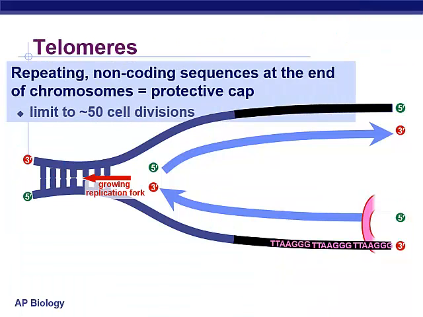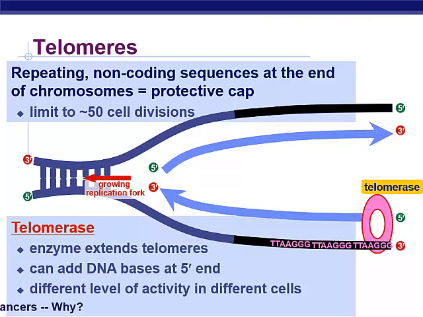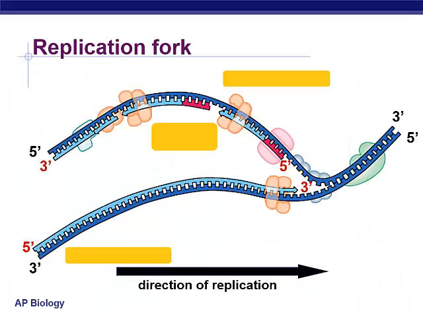Okay. And I believe we just went over this. So here's the whole recap. A replication fork is where helicase begins to unwind some DNA. The DNA is held open by single-stranded binding proteins. RNA primer is laid by an enzyme called RNA primase.